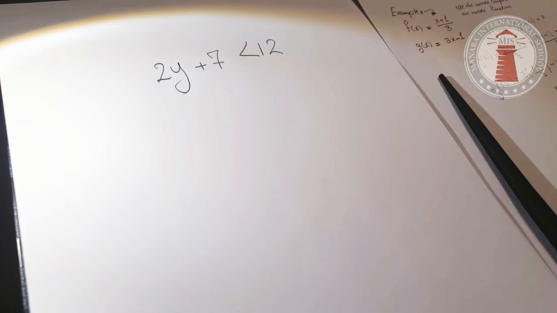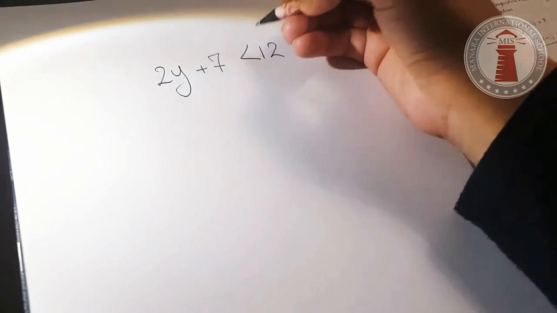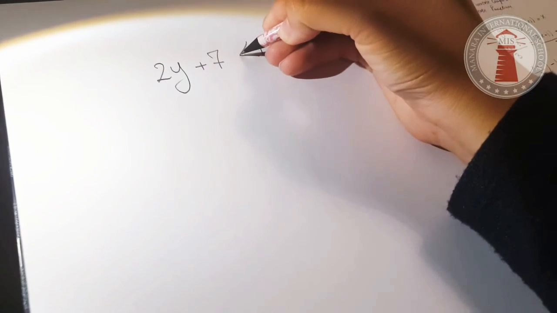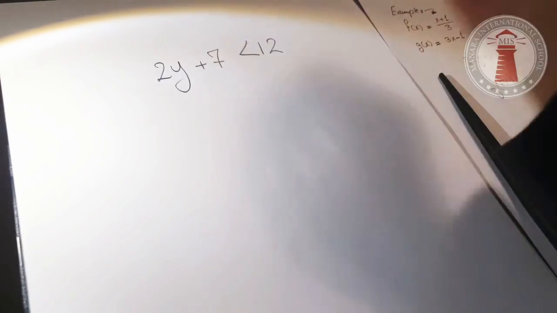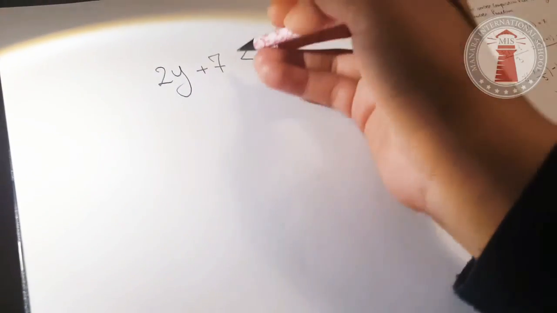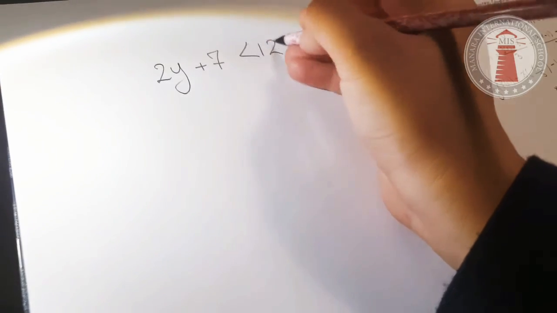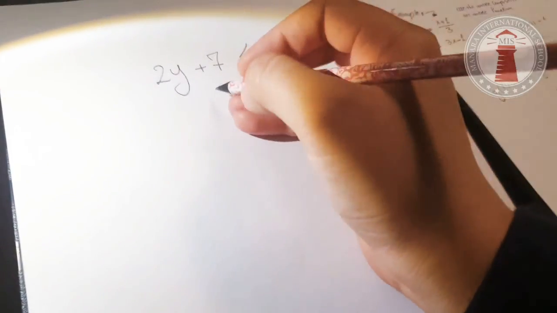basically what you're doing is, even if you change the places of the right side and the left side, you're going to change the direction of the inequality too, because we're always looking at the sides of the inequality. Which one is bigger? That's where the bigger number is, or the bigger expression.